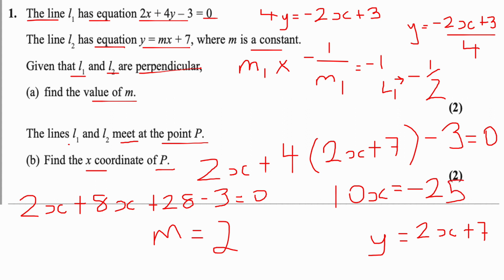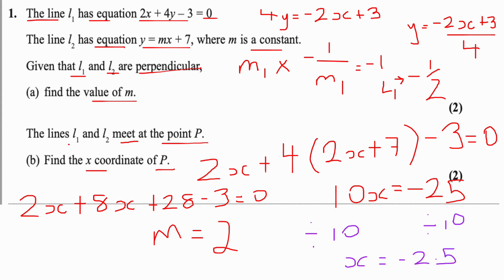Dividing both sides by 10 to work out the x-coordinate of P, we get that x is equal to minus 2.5. So the x-coordinate of point P is minus 2.5.